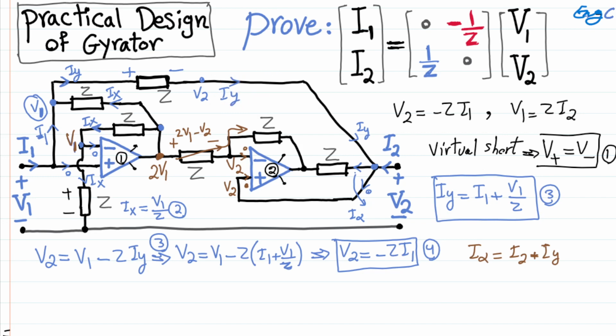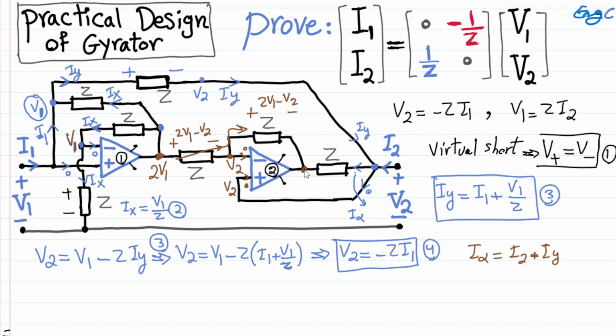We will have the same voltage drop because these two impedances are the same and the same current is flowing through them. So the voltage drop here is also 2V1 minus V2. On the left-hand side of this impedance we have V2, and the voltage drop that we observe is also 2V1 minus V2.